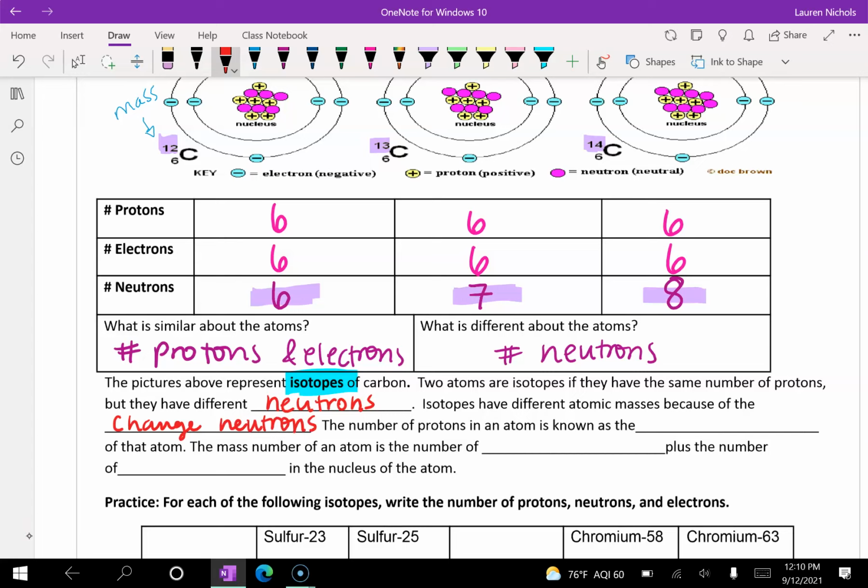And so the number of protons in an atom is known as the atomic number. That's a review from our previous lesson. And remember, that atomic number is at the top of your box on the periodic table. And the mass number of an atom is the number of protons plus the number of neutrons that are in the nucleus. So the nucleus basically holds all of the mass.